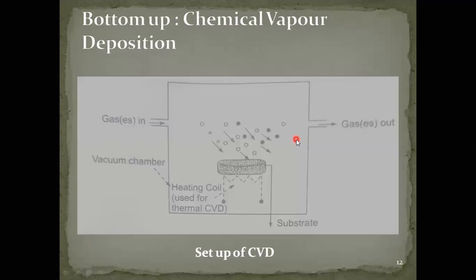So this is the reaction chamber, a vacuum chamber. Inside the vacuum chamber, this is the substrate. I told you that after becoming solid, a material should be there to hold the substance. That is what we call the substrate. The best example is when you go for a blood test in the clinical laboratory, they collect your blood and keep it on a glass slide. That glass slide is also a substrate, a substance for holding.